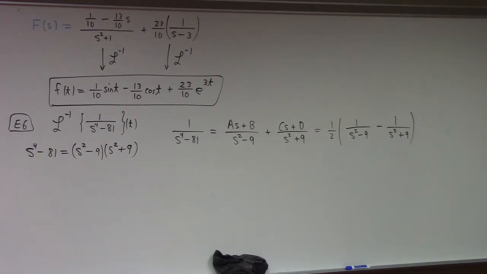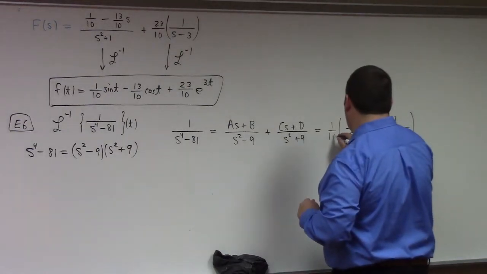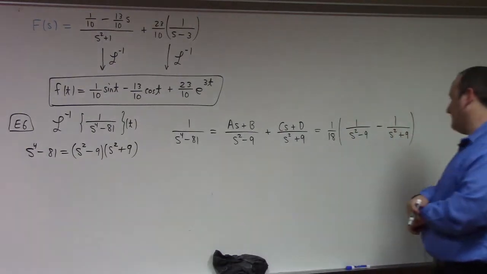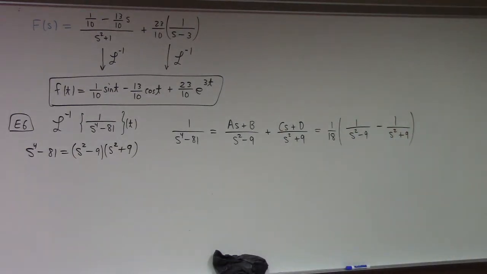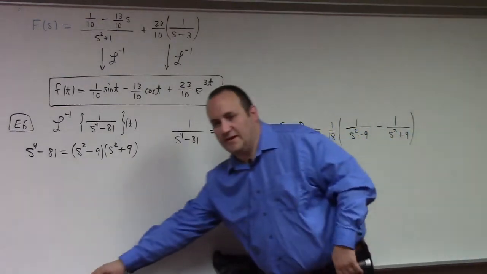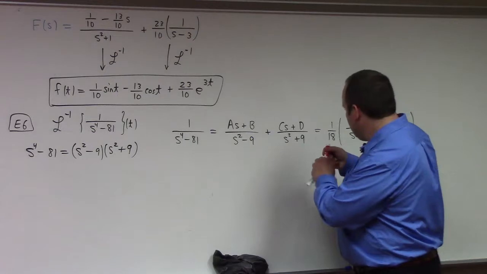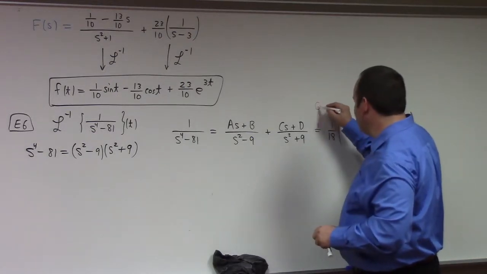Ooh, I'd actually get 18 upstairs from that. So I think I better have 1/18. Guys, just truth in advertising here. I should let you know that this right here, I guessed.